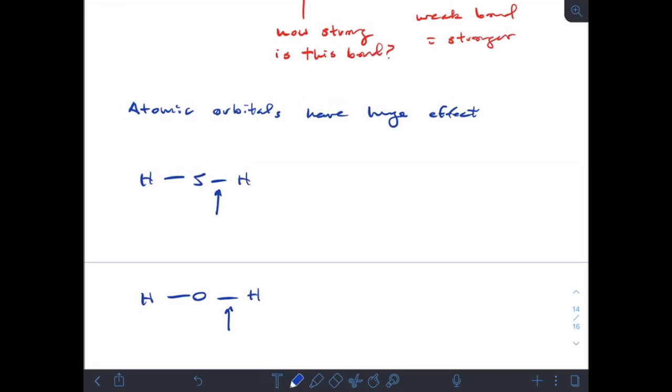When I'm talking about orbital overlap, my S is in the 3 shell, and my hydrogen is in the 1 shell. So not a great energy overlap. A 3 shell has a lot more energy in its outer shell than a 1 shell does.